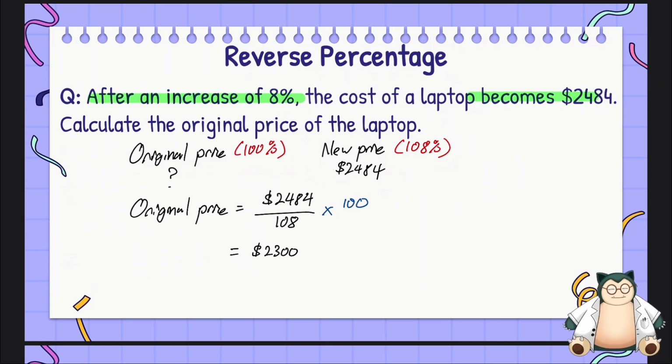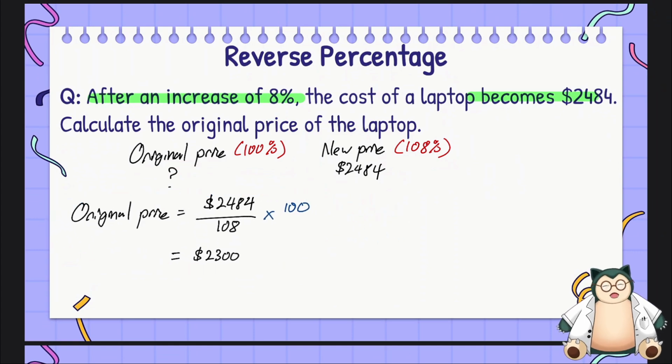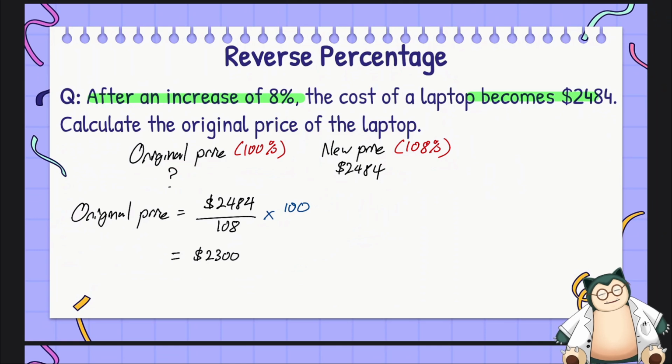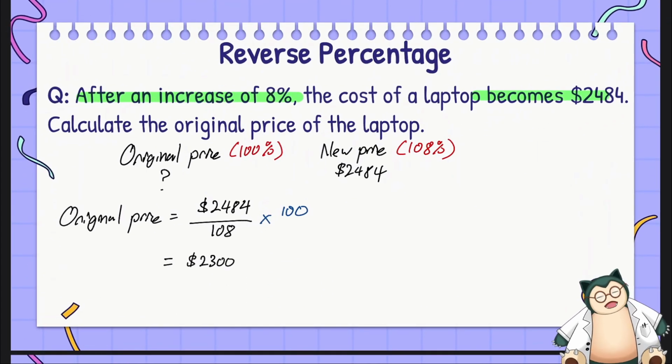Oh, pardon me. If this is confusing, let me rewrite it in a different way. So let's say 108% is equivalent to 2,484.